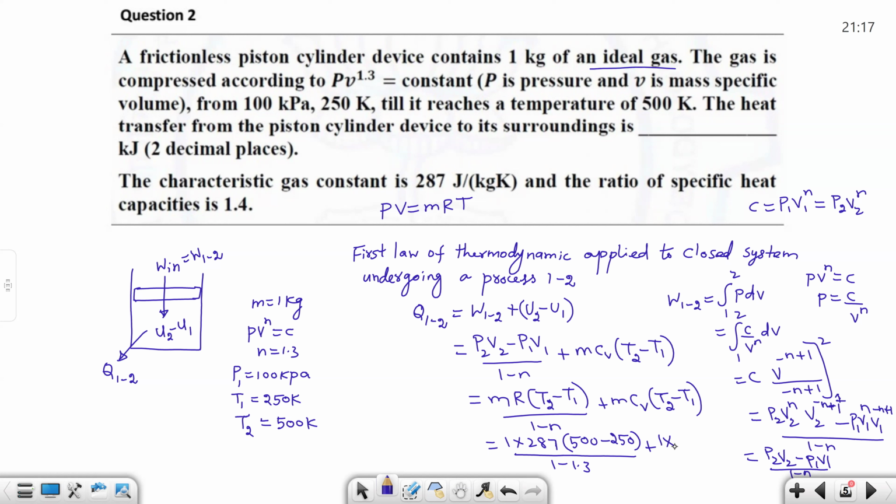Cv, it is air. So Cv for air is 718 joule per kilogram Kelvin. Those Cv and Cp values for air you must remember. 718 into the temperature difference, 500 minus 250.